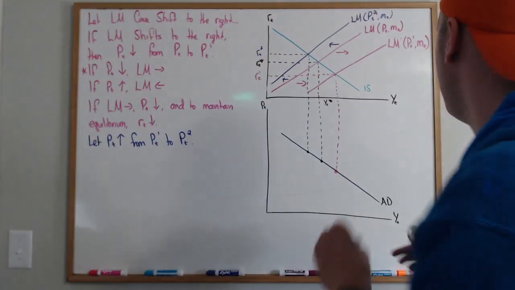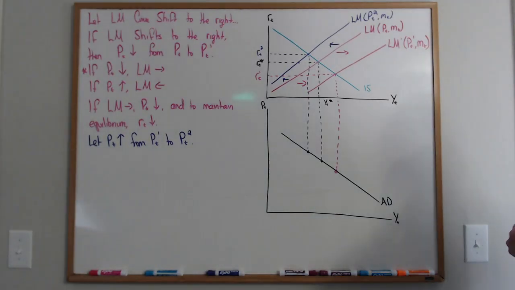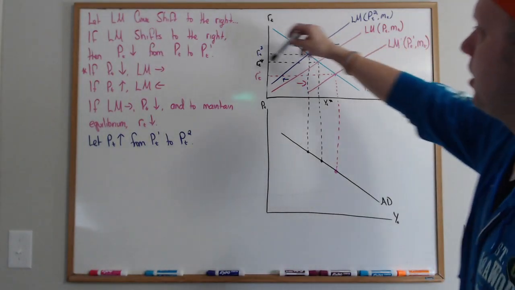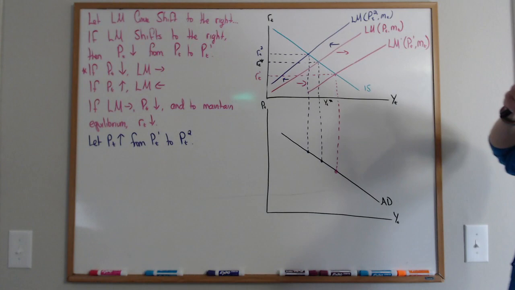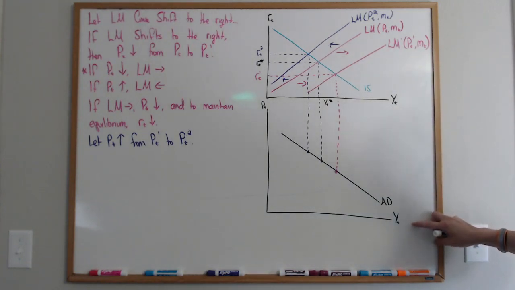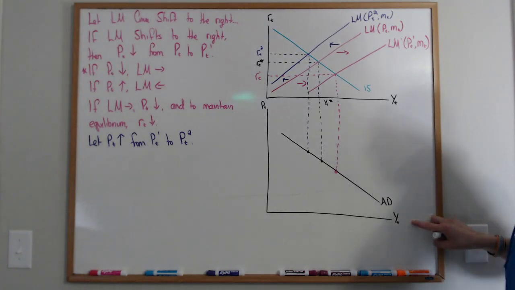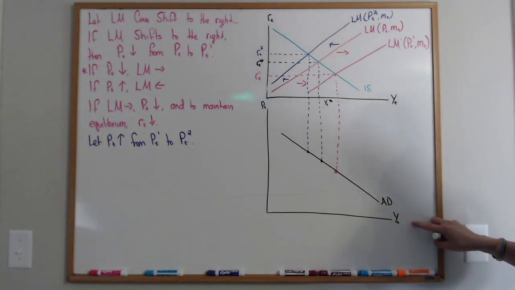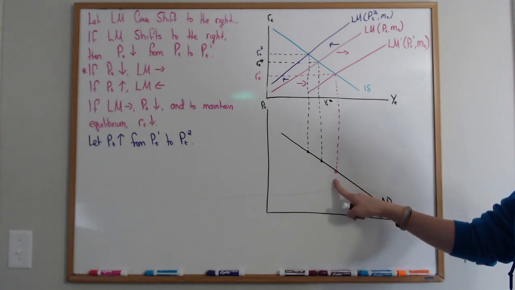Well, let's think about what happens. If the price level falls, the LM curve shifts out, the real interest rate falls. Now let's trace it down here. What does a lower price level mean when it comes to demand? What happens if there's a lower price level with demand? Well, we're going to want more stuff.